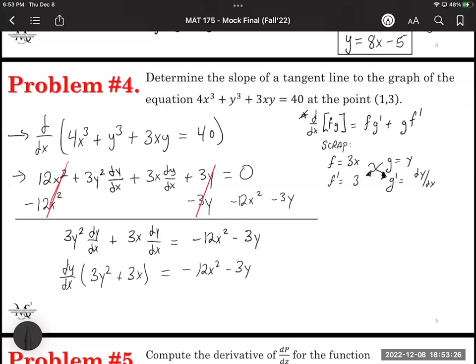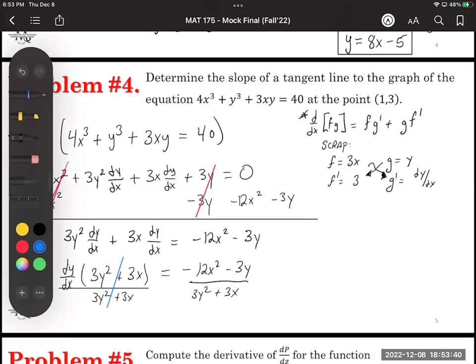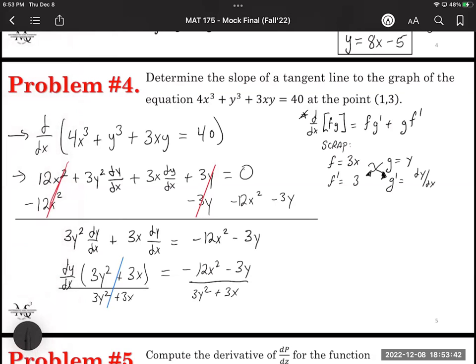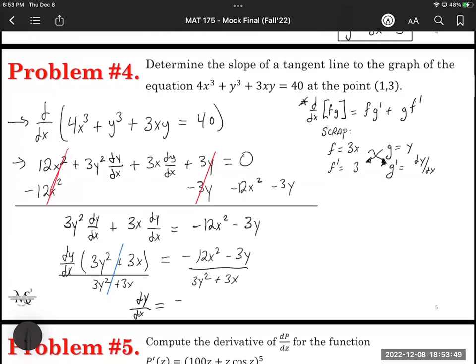The last thing to do here is divide everything by 3y squared plus 3x. So we're going to have dy/dx is equal to negative 12x squared minus 3y over 3y squared plus 3x.